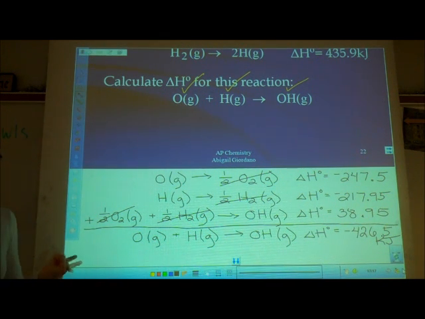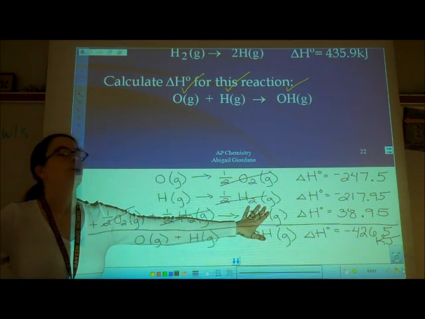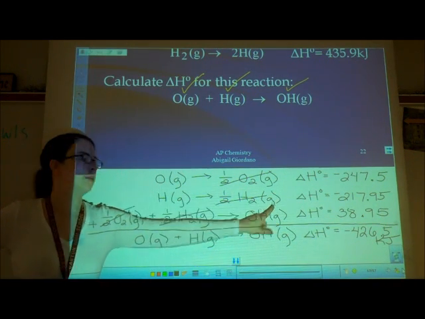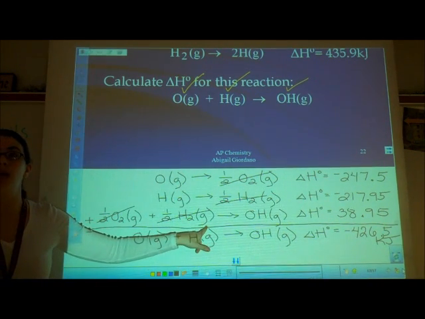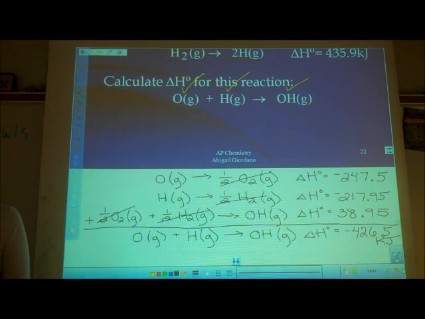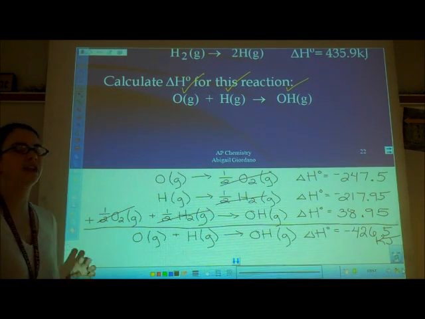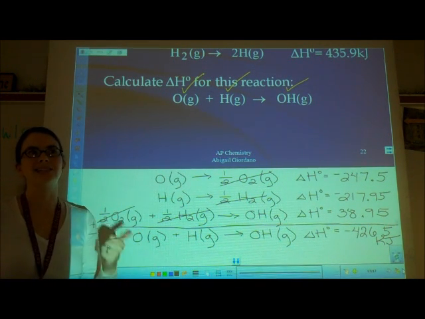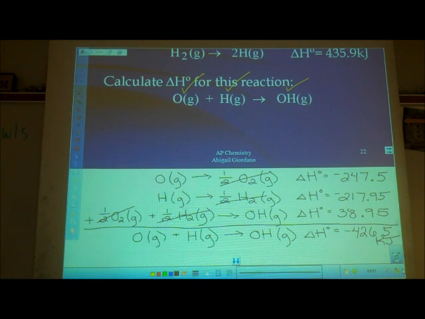When I say that the state of matter matters, what I mean is, let's say that this H2 was in gaseous form, but this one was in liquid, I could not cancel them out. They must be in identical form. And I believe there's one in your problem set that has H2O in gaseous and liquid form, so you really need to be careful about that.